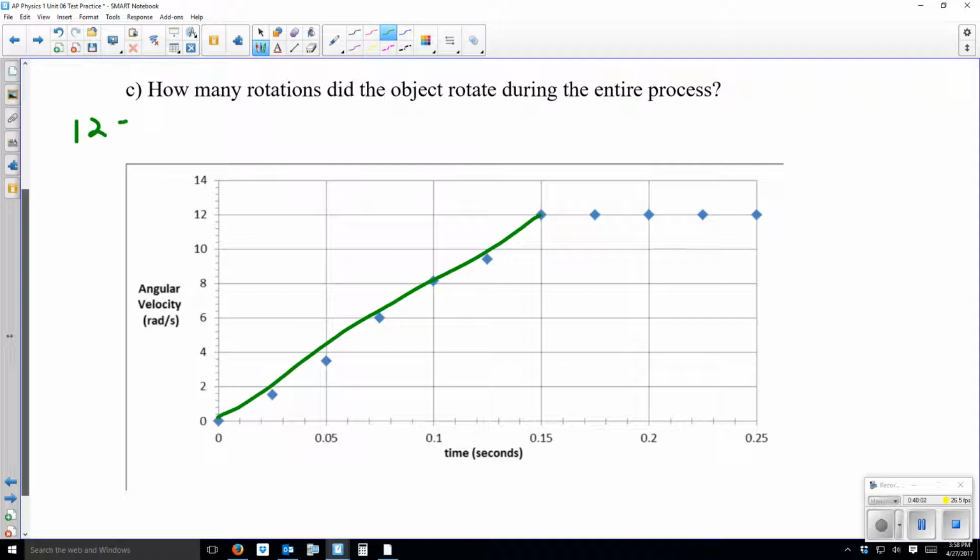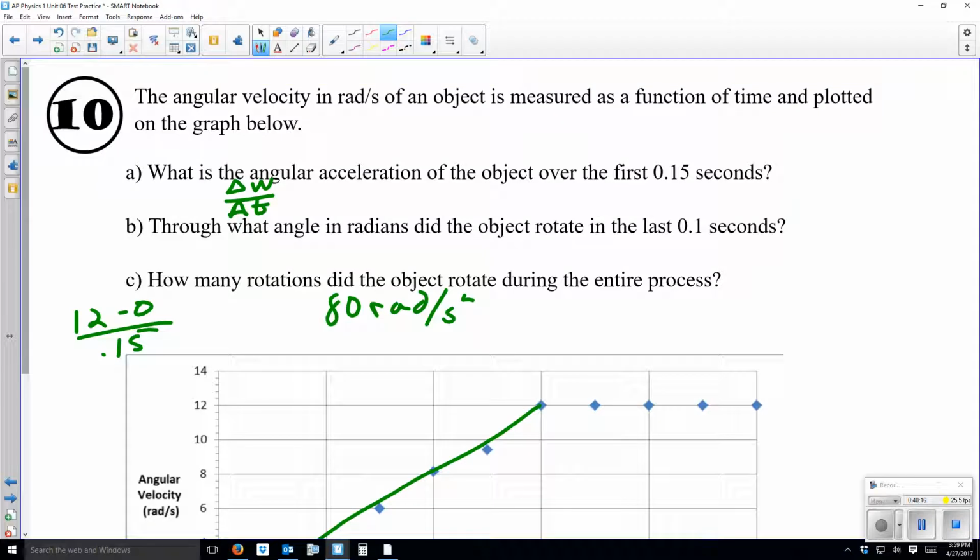Through what angle in radians did the object rotate in the last 0.1 seconds? Well, this is a problem where we're looking for the angular displacement. For a regular velocity time graph, the integral was the displacement. So for an angular velocity versus time, the integral will just be the angular displacement, what it's looking for.